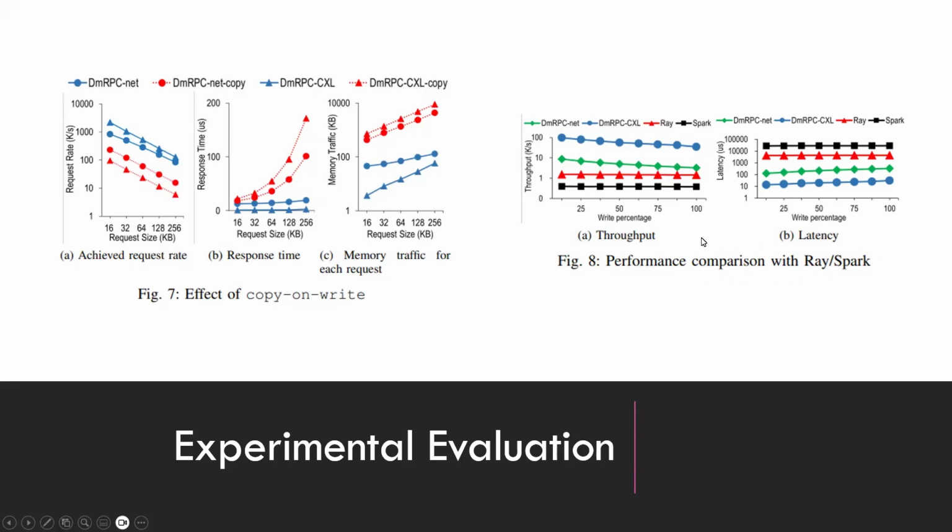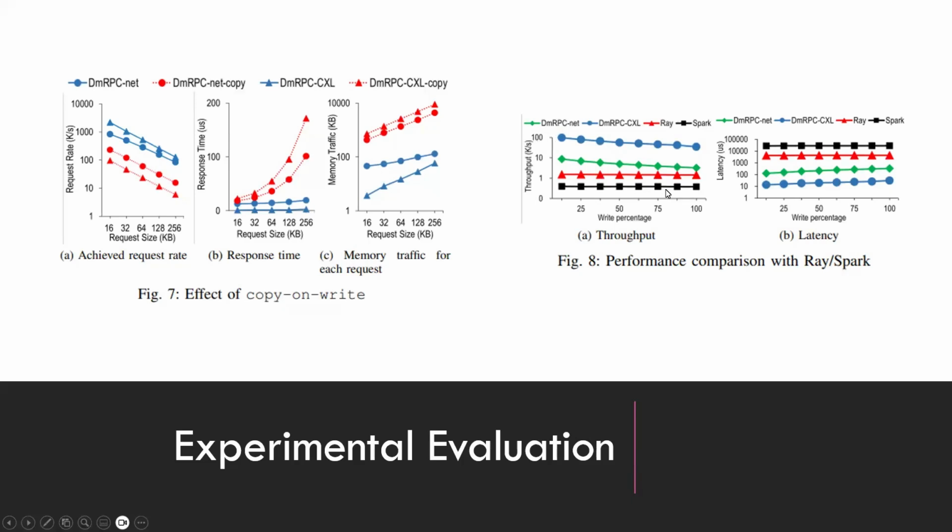They also compared these protocols with Ray and Spark to see what changes, and the throughput increased drastically. Ray had only 1 kilobit per second, and for DmRPC CXL it is around 100.